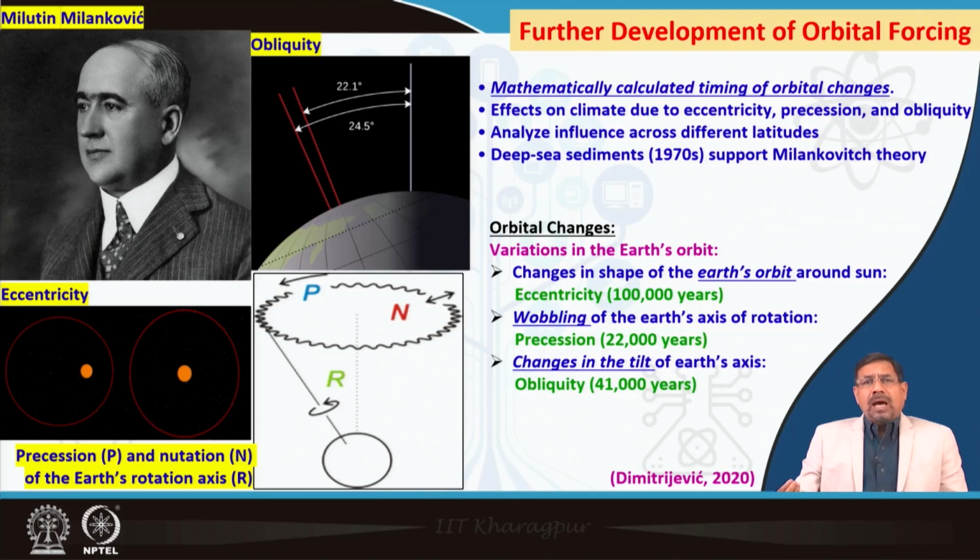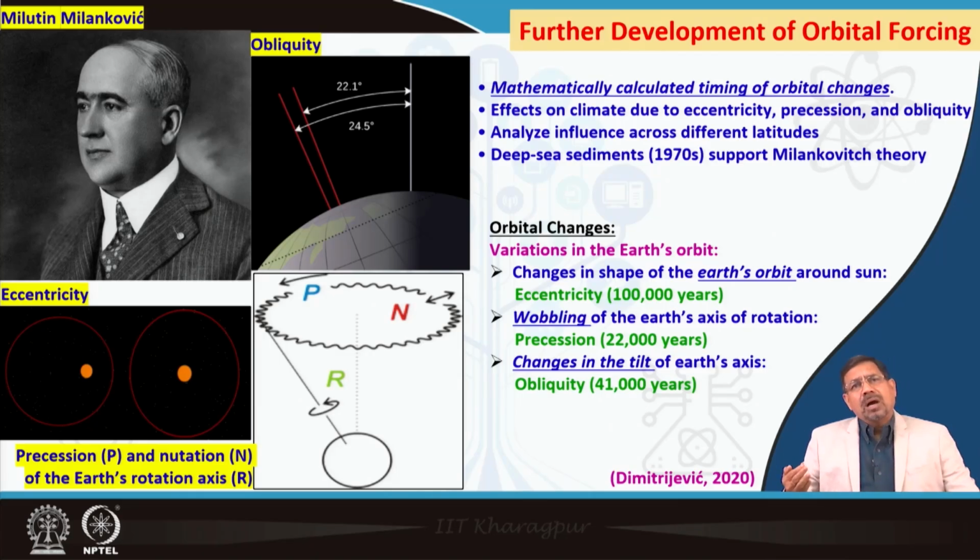He also analyzed the influence across different latitudes. A lot of calculation has gone into the calculation at every variation of latitude in terms of degrees, and that influence he analyzed and put together.